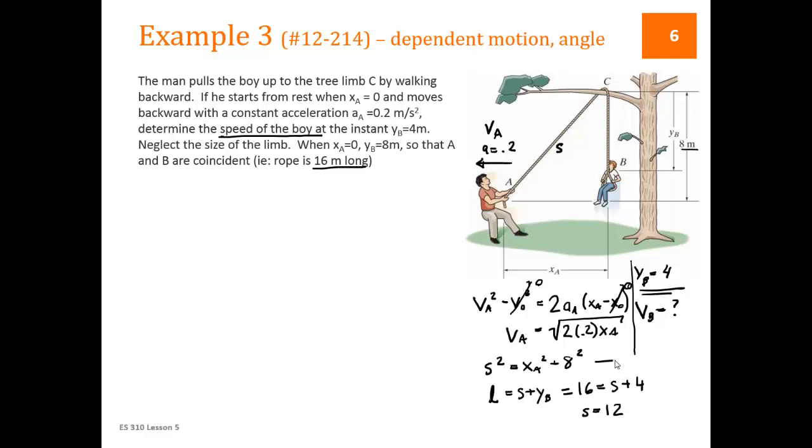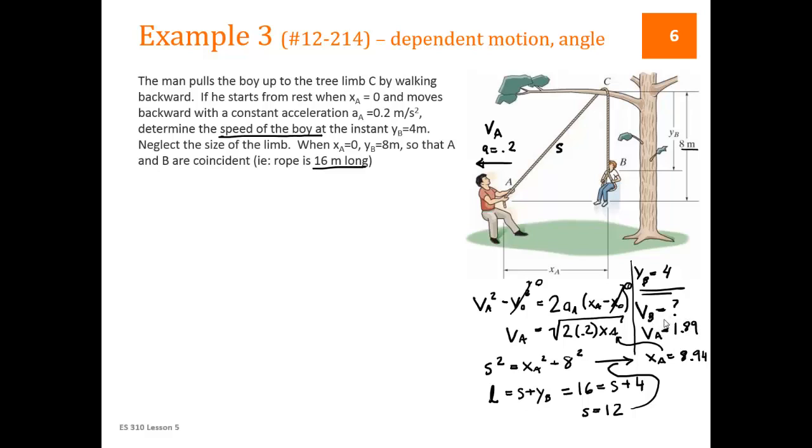Plug that in up here, we get that XA is equal to 8.94. Plug that in up here, we get that VA is equal to 1.89.